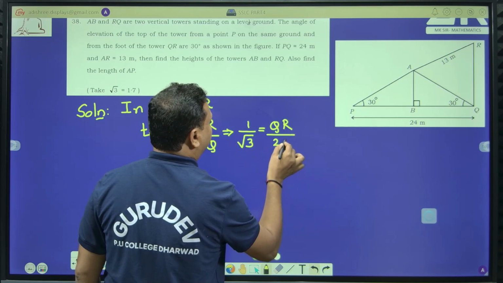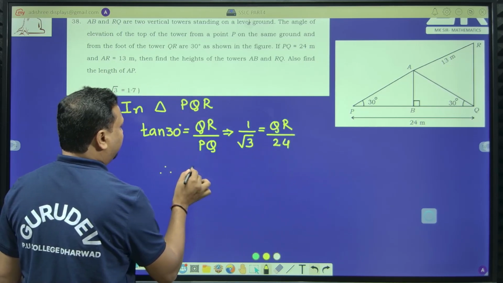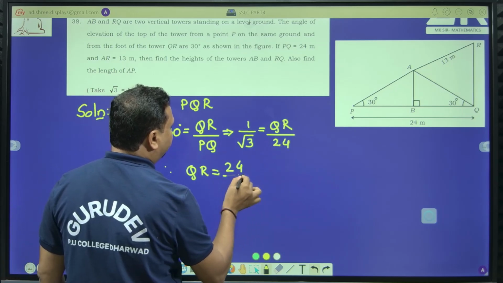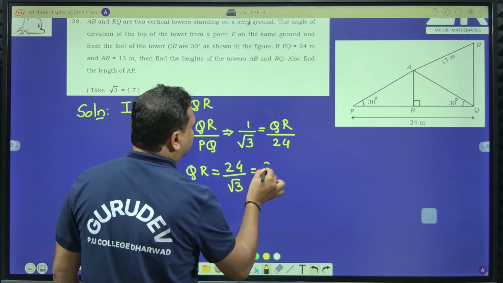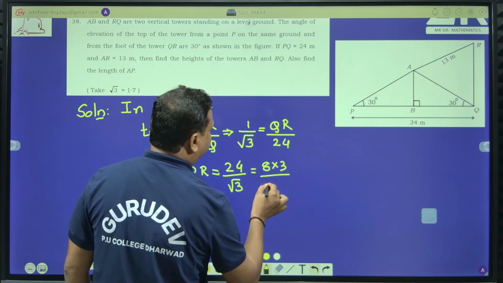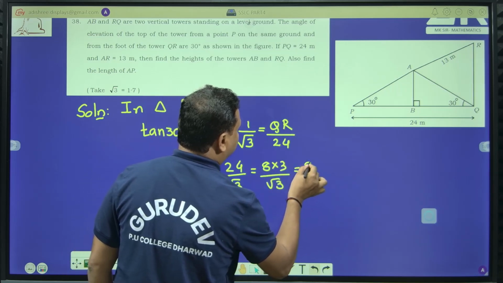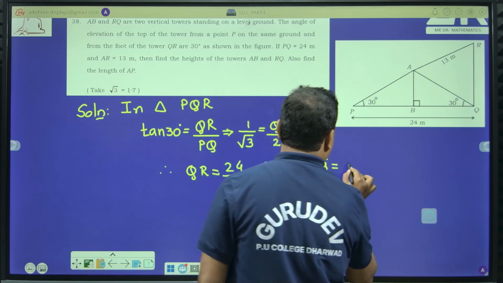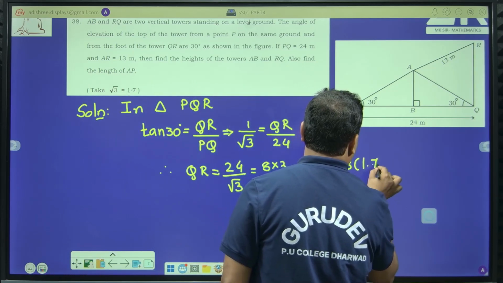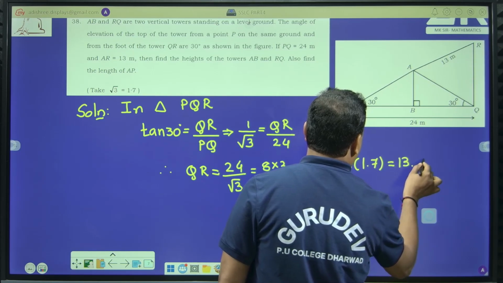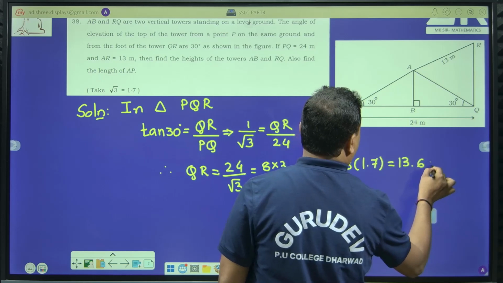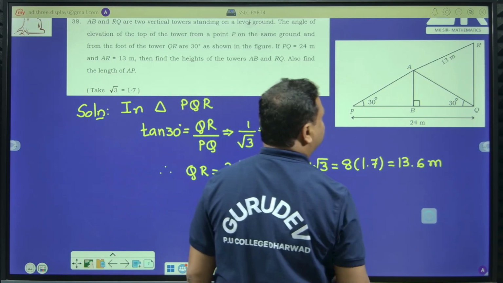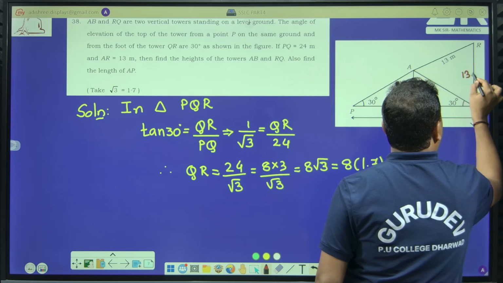PQ, they have already given 24. Therefore, QR is equal to 24 upon root 3, or 8 into 3 divided by root 3. After cancellation, you will get 8 root 3. Done. What is the value of root 3? 1.7. So that becomes 13.6. It is in terms of meters. Therefore, QR is equal to 13.6 meters.